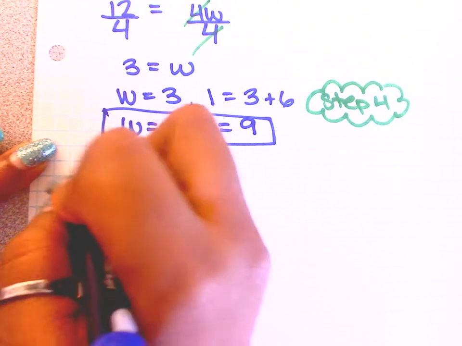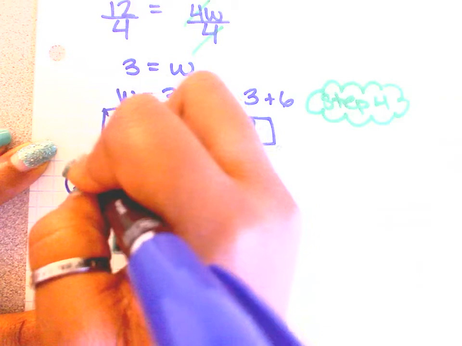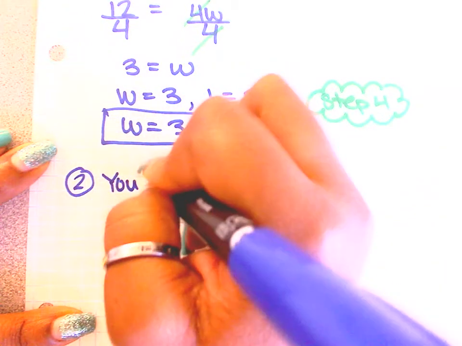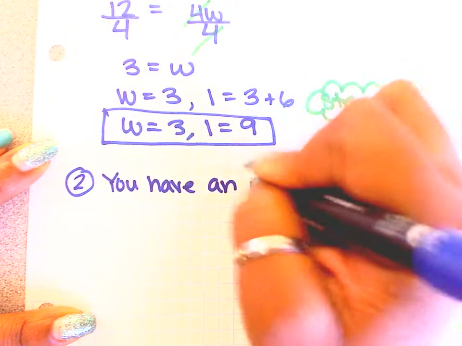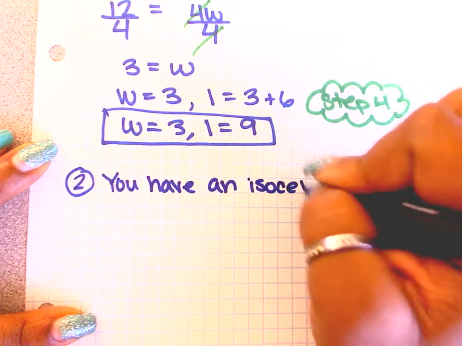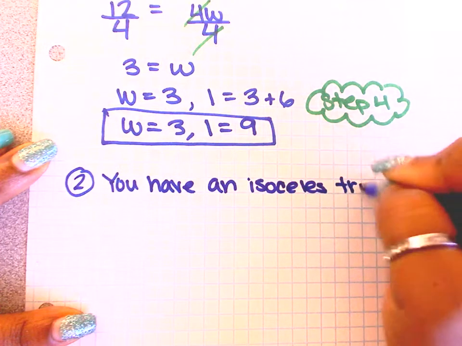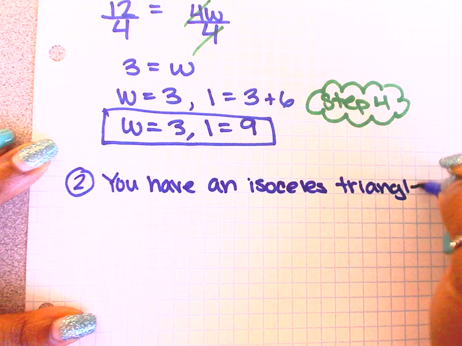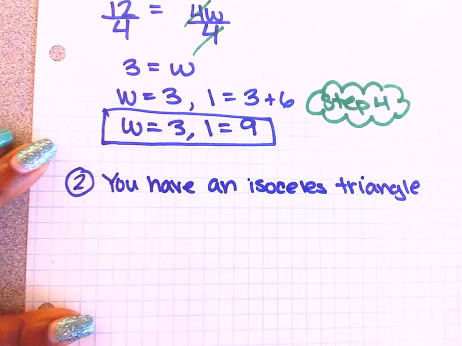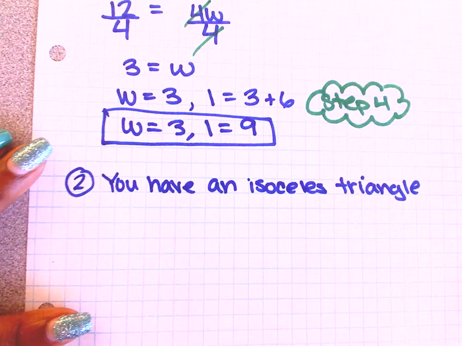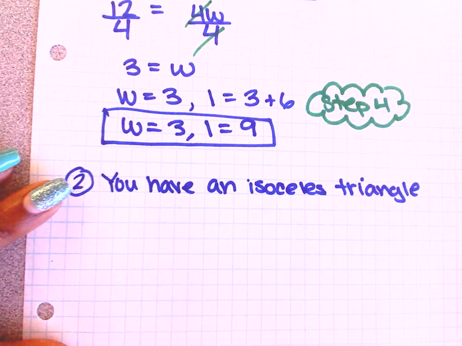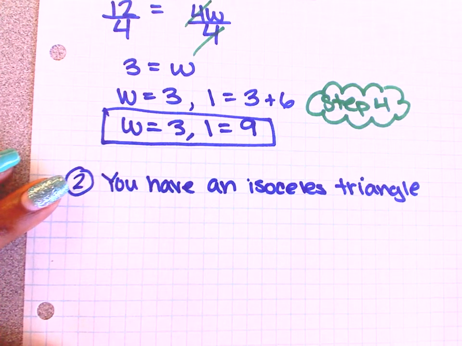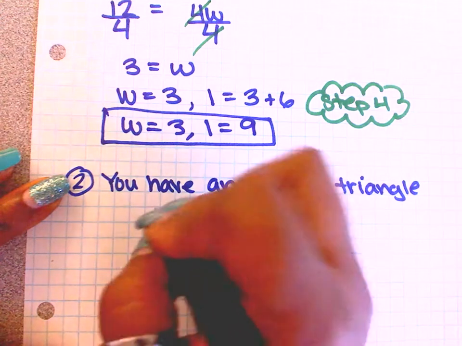Número dos. This question says you have an isosceles triangle. Now think back to 3rd grade. Isosceles, what does that look like? Okay, now you have a base.